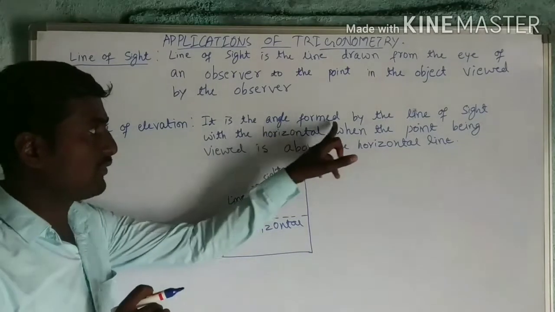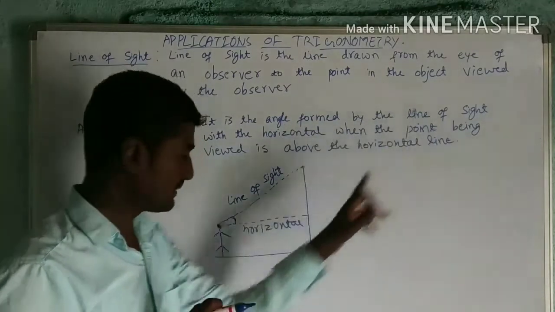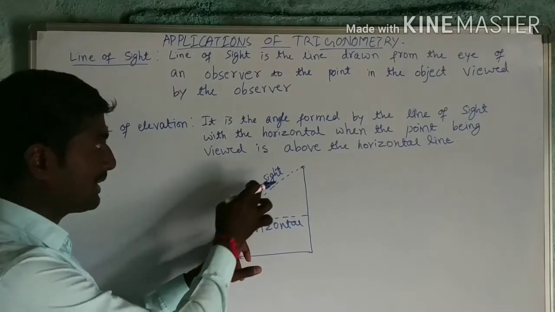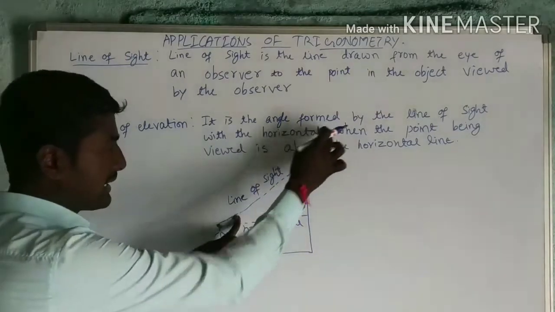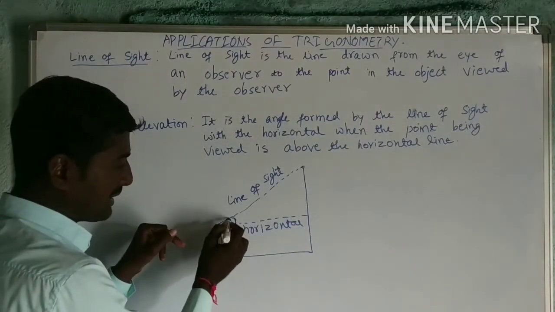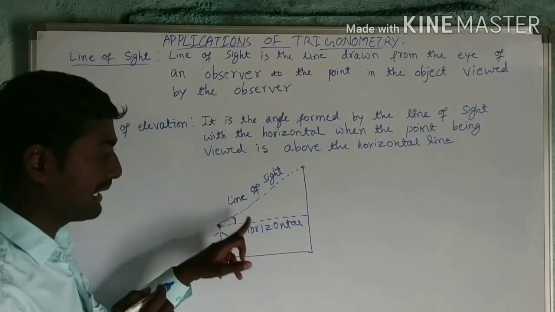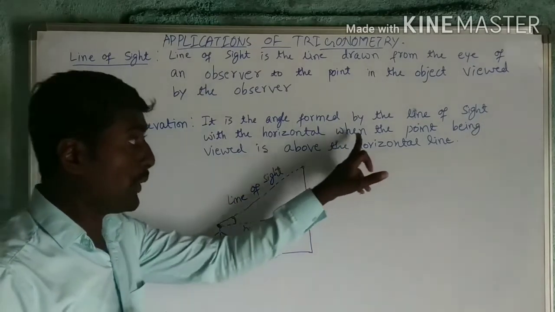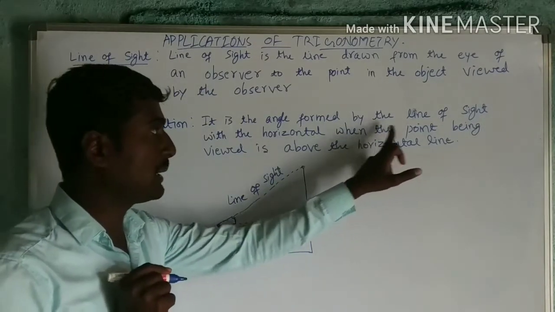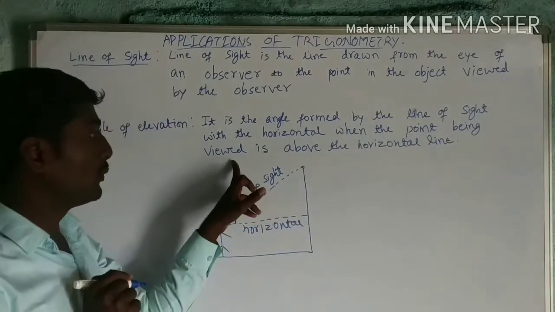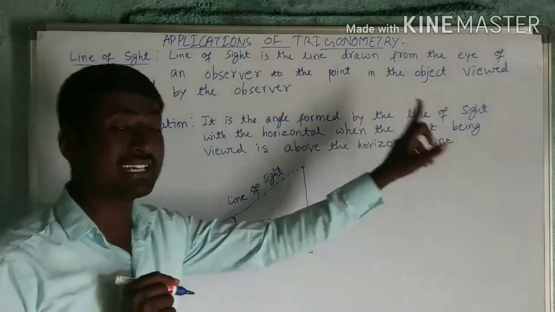It is the angle formed by the line of sight with the horizontal. This is the angle between the line of sight and the horizontal. When, this is very important, when the point being viewed is above the horizontal line.